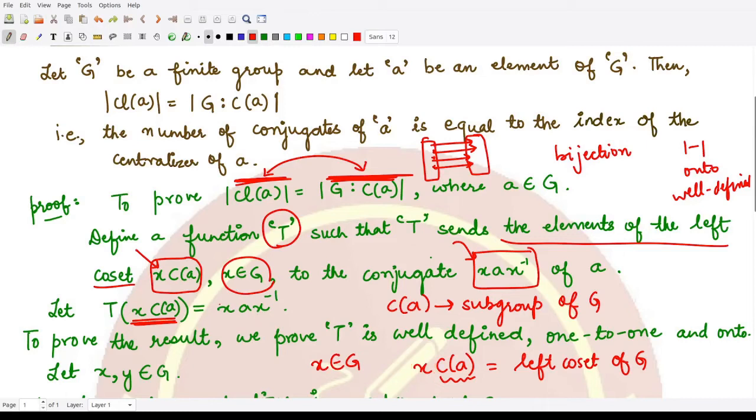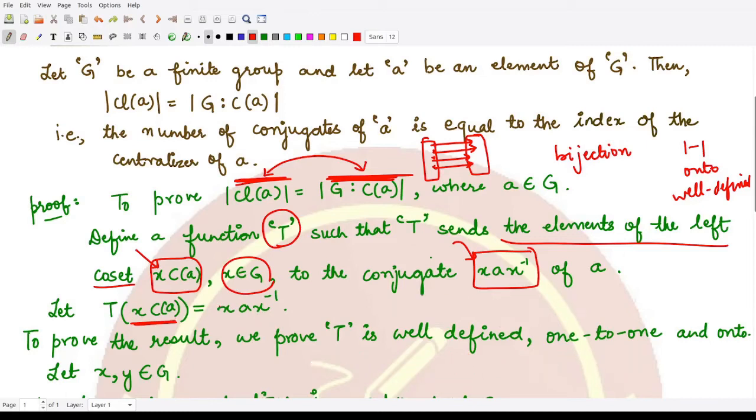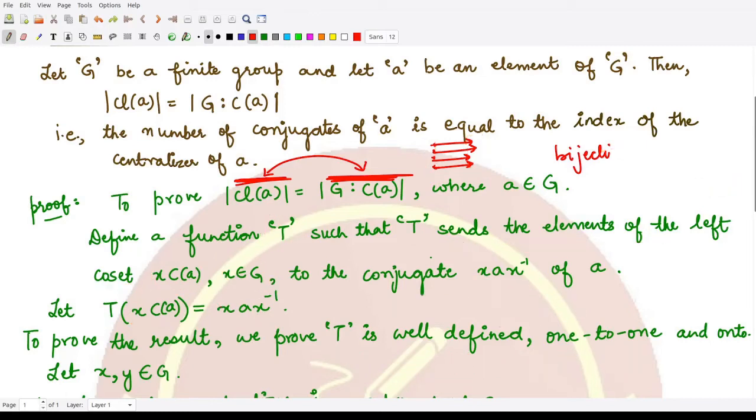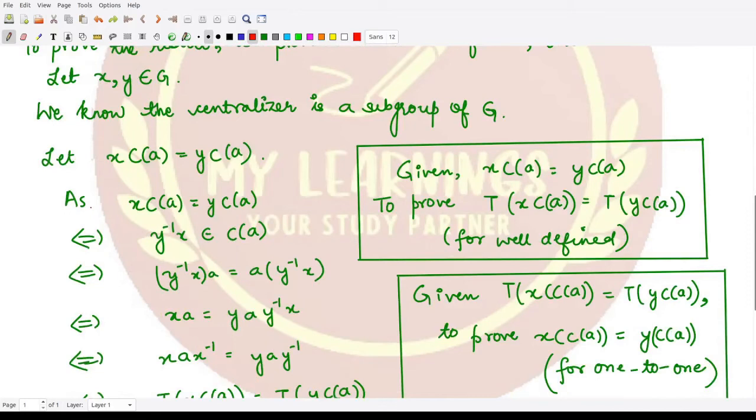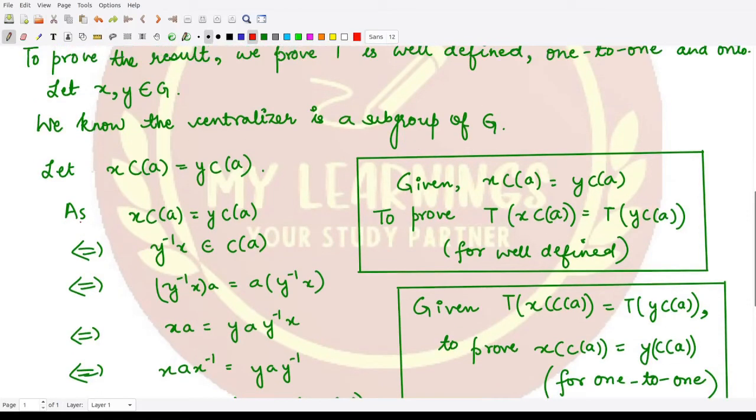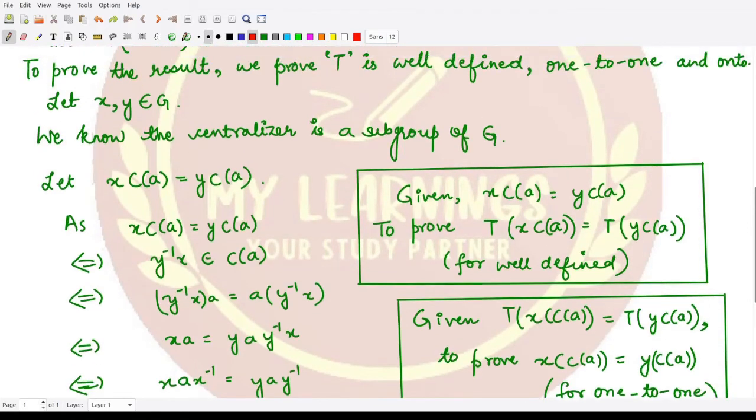Now, in order to prove that T is a well-defined mapping, that it is one-to-one and onto, let's proceed by taking two elements X and Y from G. We know that, suppose that X C(A) is equal to Y C(A).